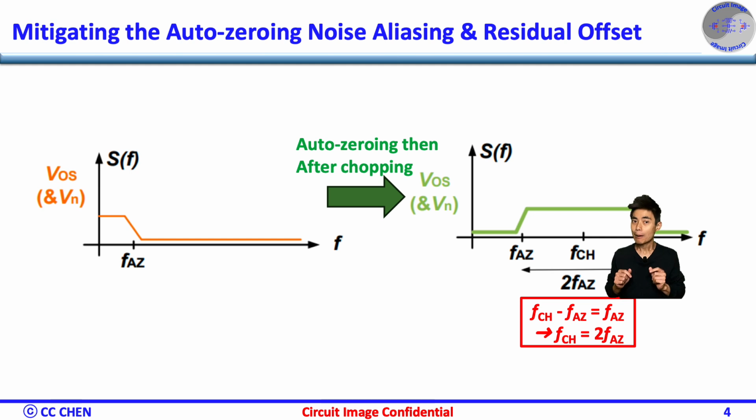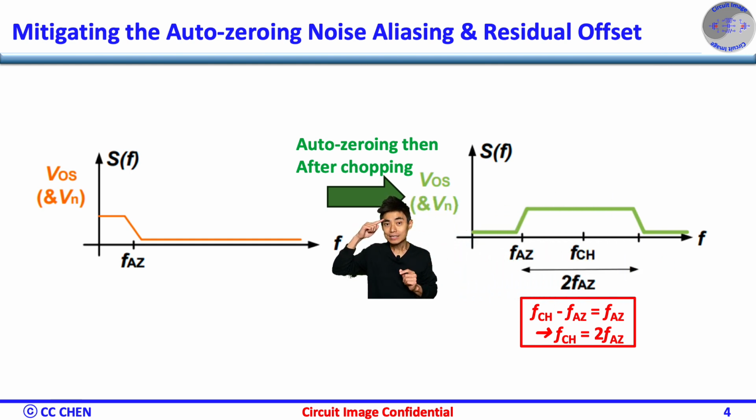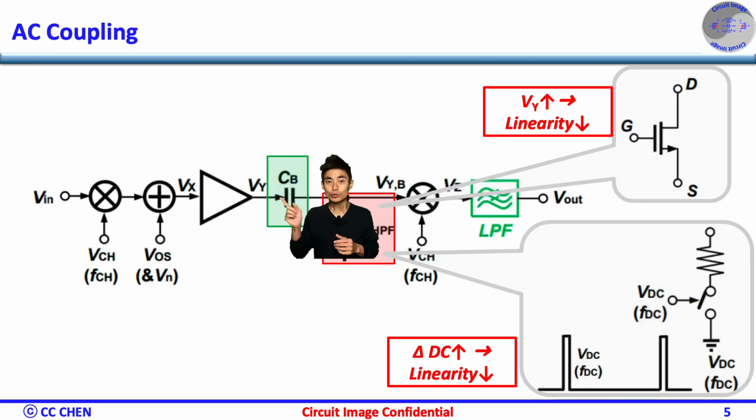Besides the complicated auto zeroing added to the chopping, do we have a simpler one to mitigate the low pass filter? Think about the DC block image for 5 seconds. Yes, we could add a capacitor to block the DC offset to remove the ripple.